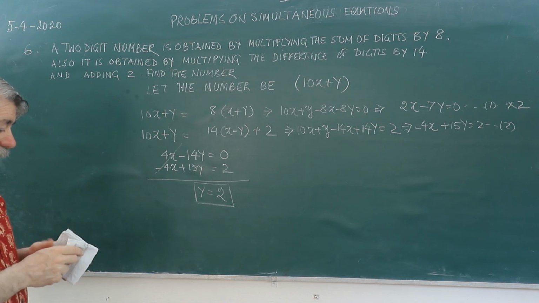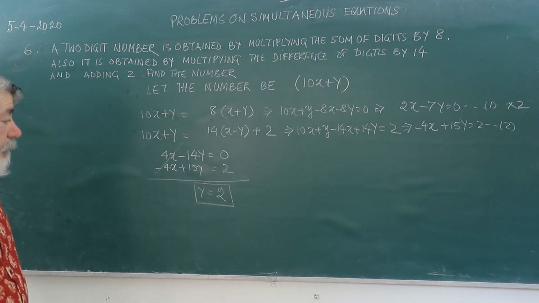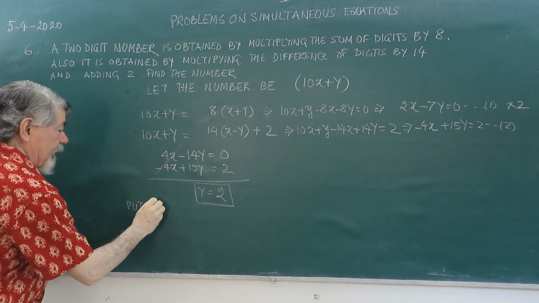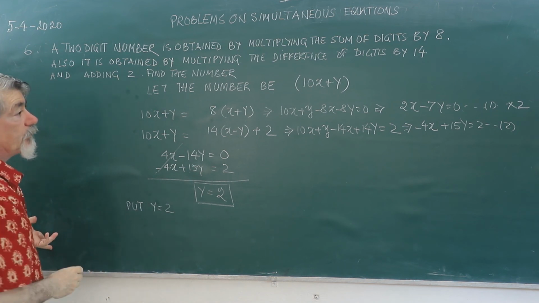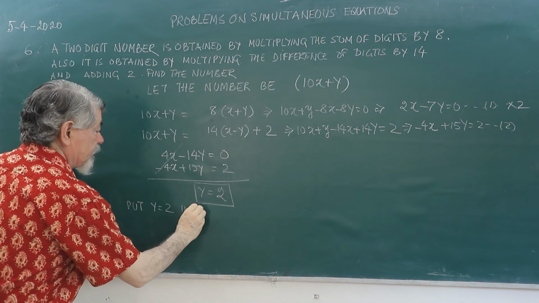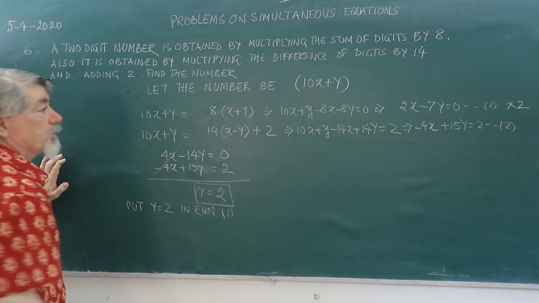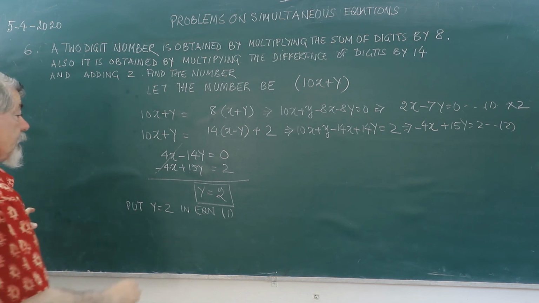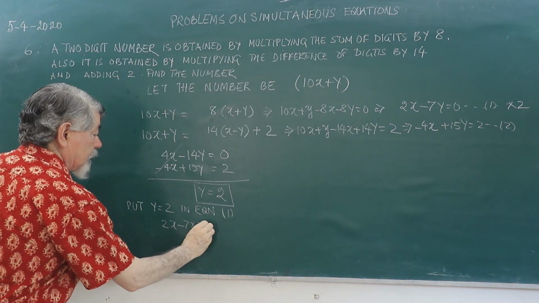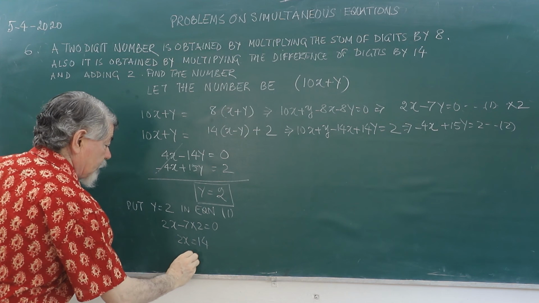Let us now put the value of y in equation 1. I told you always pick up the simpler equation with common sense to do less work. 2x minus 7 into 2 is equal to 0, or 2x is equal to 14, x is equal to 7.